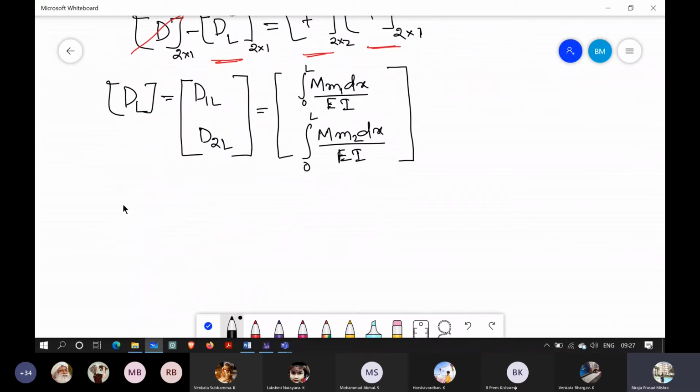And this F equals, this is of size 2 cross 1, this is of size 2 cross 2, so this is f11, f12, f21, f22.